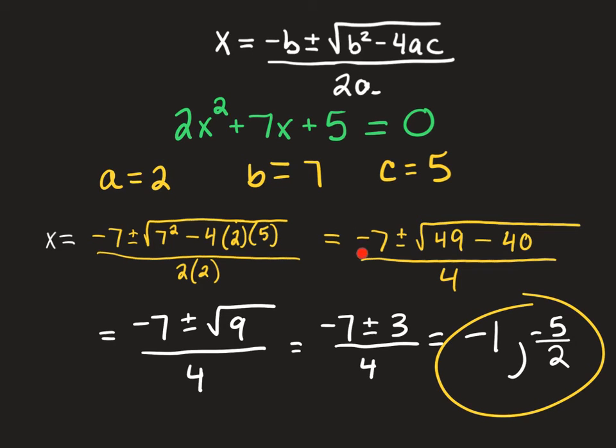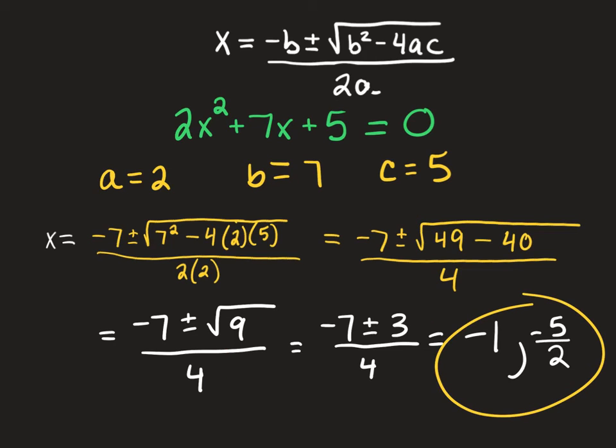Then over here, I just simplified it. 7 squared is 49, and 4 times 2 is 8, times 5 is 40. So that gives us negative 7 plus or minus the square root of 49 minus 40, all divided by 4. 49 minus 40 is 9. So negative 7 plus or minus the square root of 9, divided by 4.